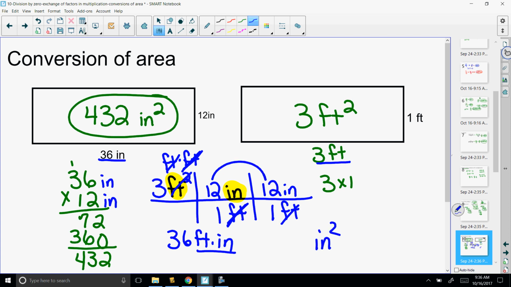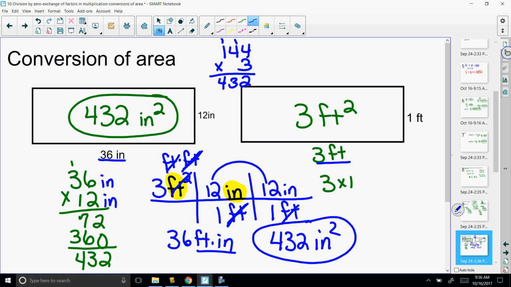What's 12 times 12? We just talked about that one on the last page. 144. So if I take 144 times 3, I end up with 432 square inches. Is that what we had for the rectangle in terms of inches?